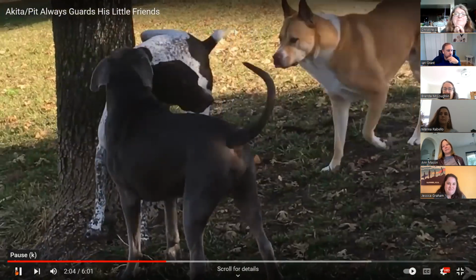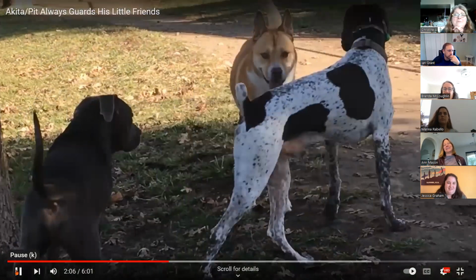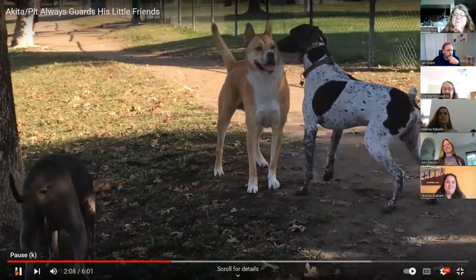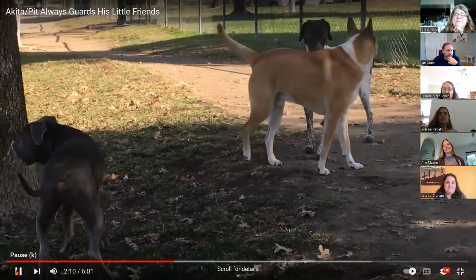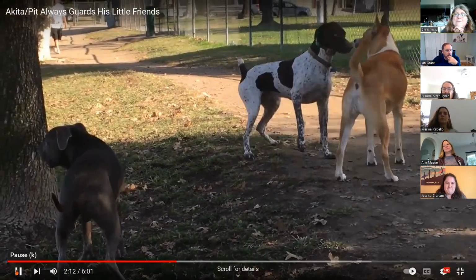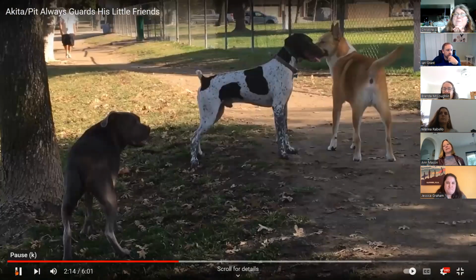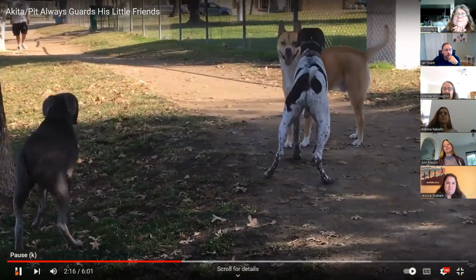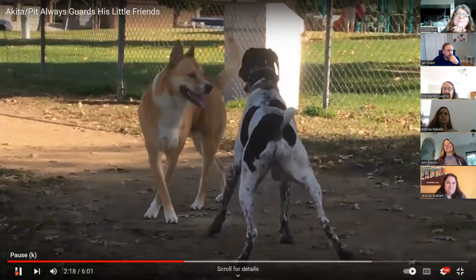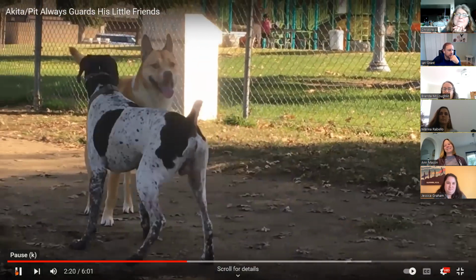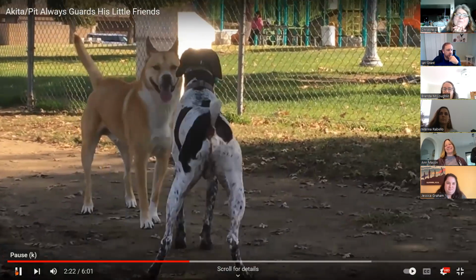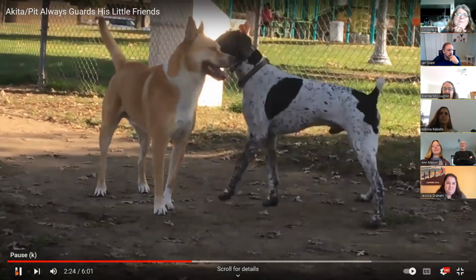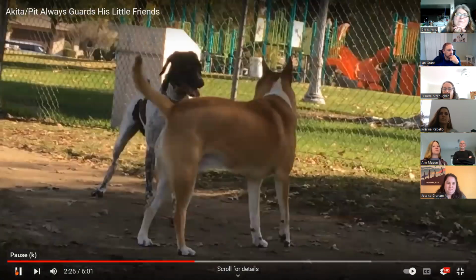And he's going to go mark the tree. And now see how he's trying to get to the back and Dale's not letting him? That's why he keeps turning and facing. He's like, you are not allowed back there. That is off limits. That's why he just keeps turning and facing him. He's going to do it again.